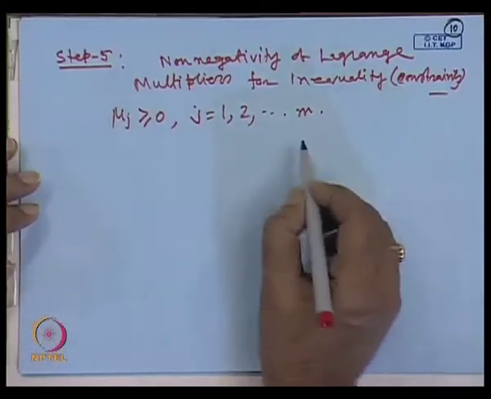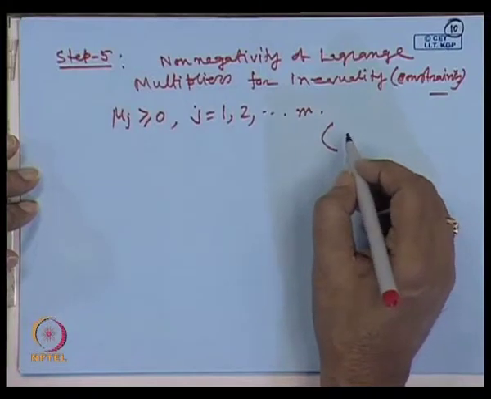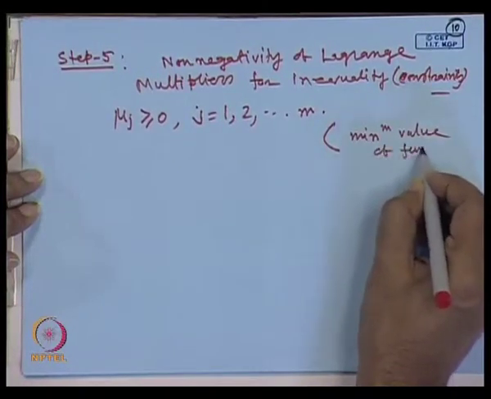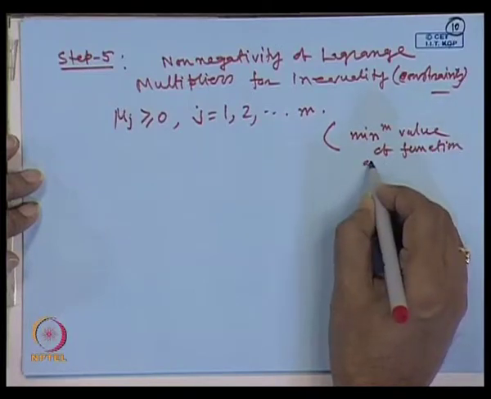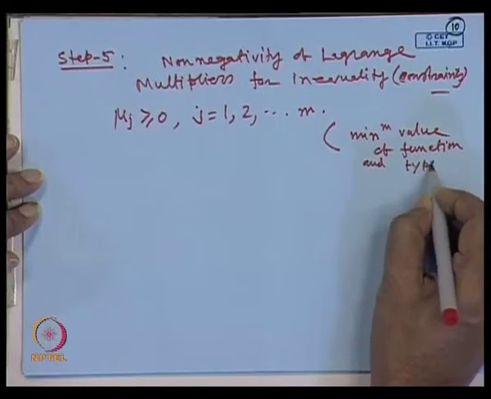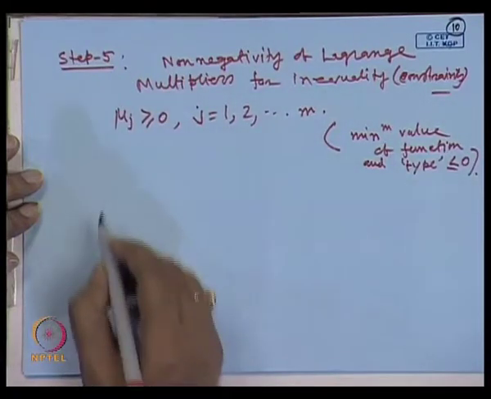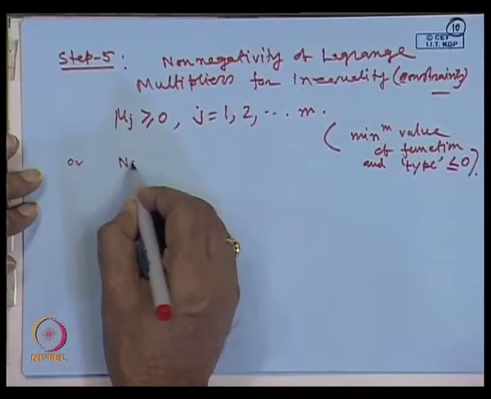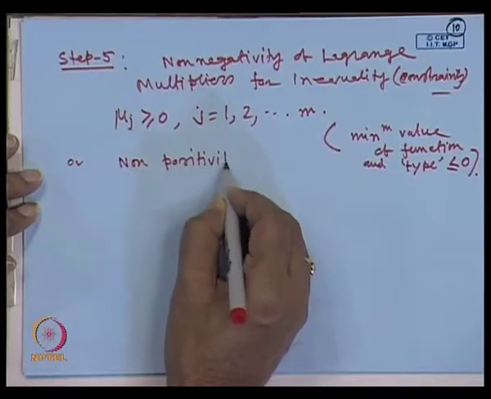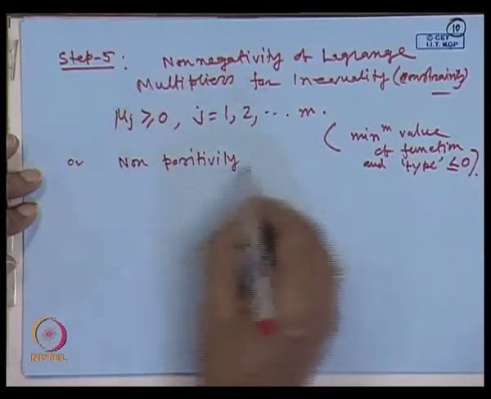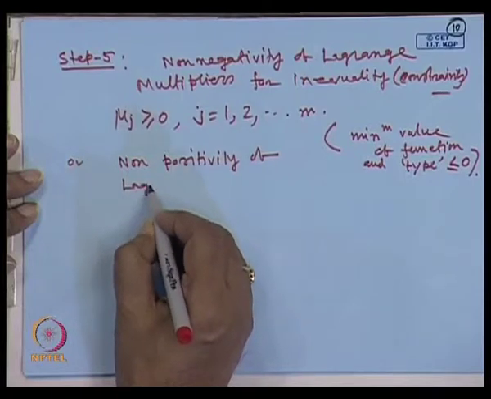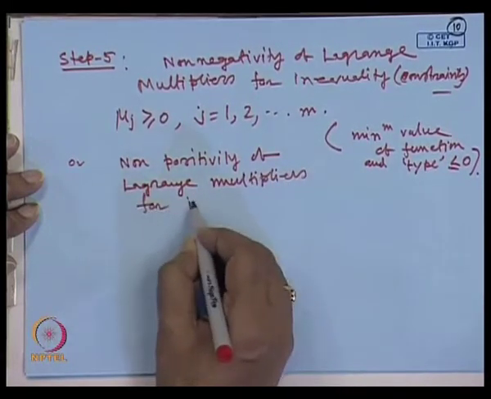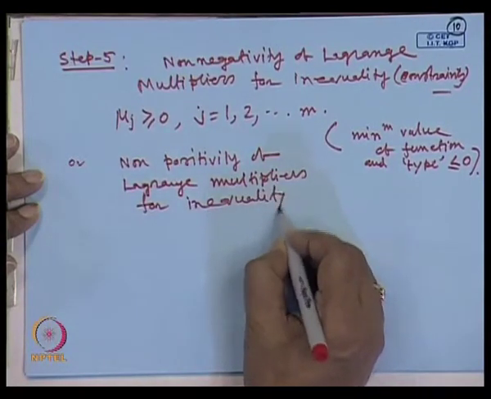This condition must be satisfied when we are finding the minimum value of the function, and this type of inequality is used, and this is the non-negativity, or we can call it non-positivity of Lagrange multiplier for inequality constraints.